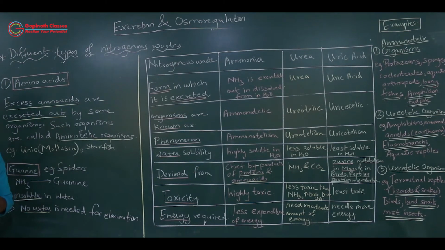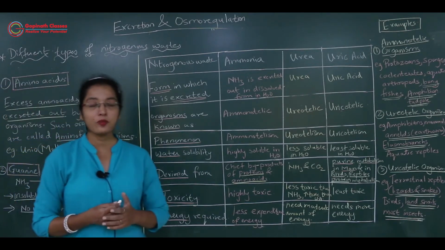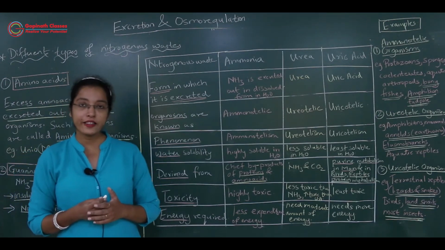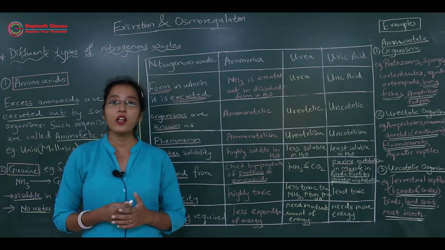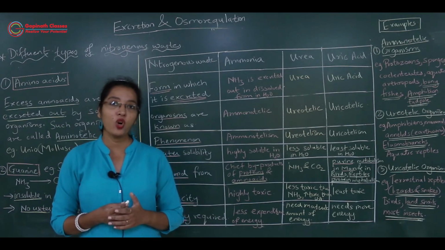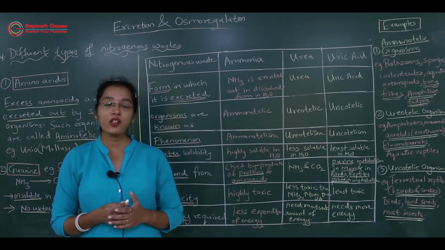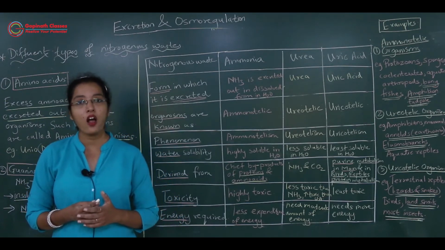Now the second mode of excretion is through elimination of guanine. Guanine is one of the nitrogenous wastes. In organisms such as arachnids, you know which are arachnids? Spiders, scorpions. We have learnt in kingdom Animalia there is one phylum, Arthropoda, the largest phylum. In that 5 classes are there. Out of that, one class is Arachnida.